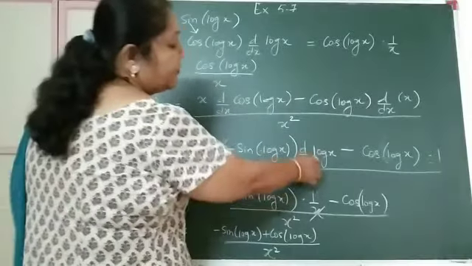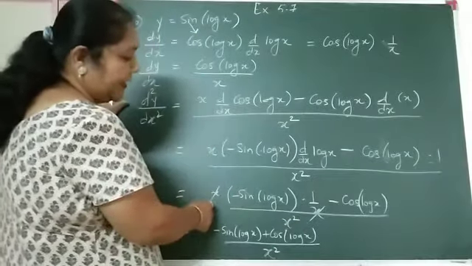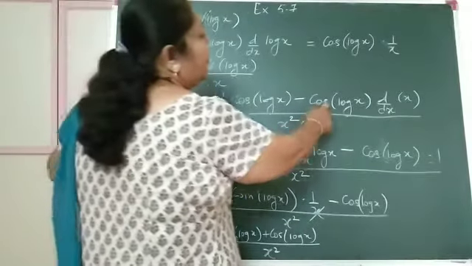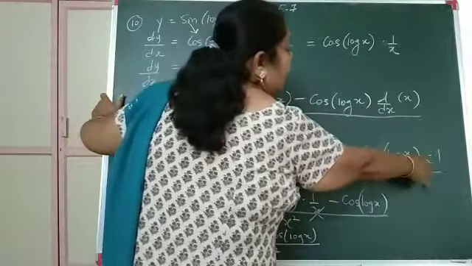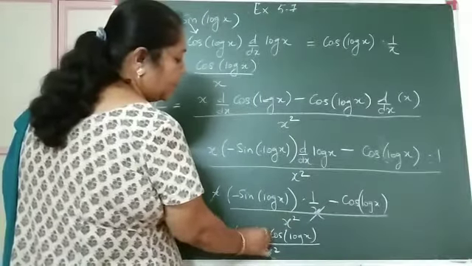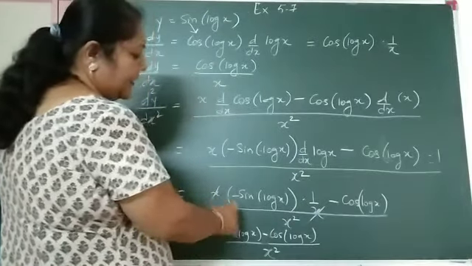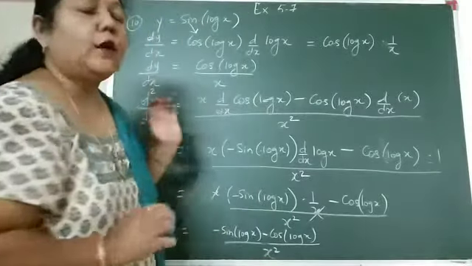That differentiation of the bracket gives me 1 upon x. So 1 upon x, and this x over here gets cancelled, and cos of log x was a constant. The differentiation of x became 1, and therefore the answer we have here is minus sine of log x minus cos of log x.